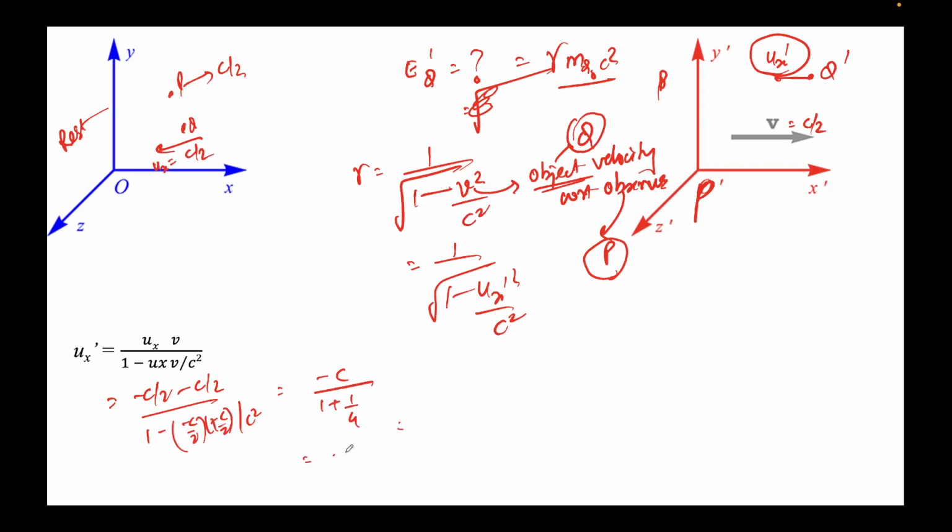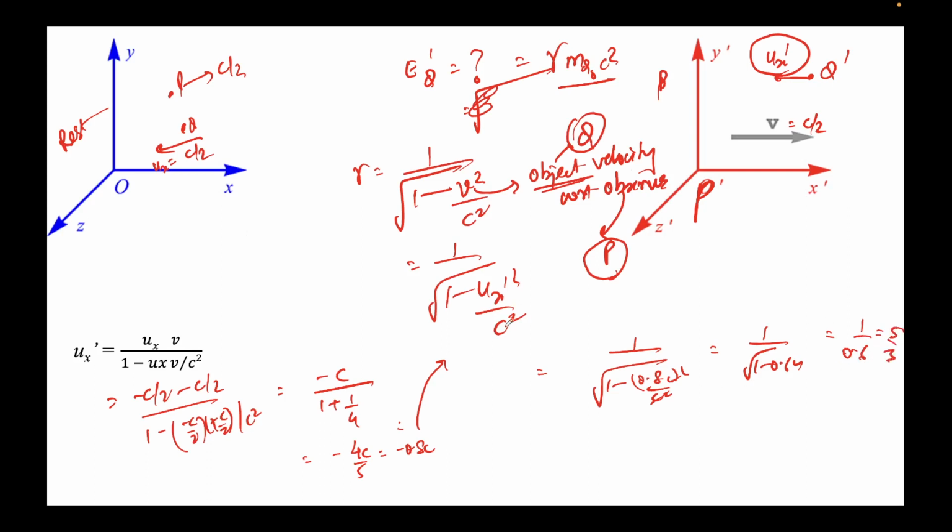So this will come out to be minus 4c by 5, so minus 0.8c. I put this value here. This will come out to be minus 0.8c squared over c squared. C squared gets cancelled. 1 minus 0.64, which will be 0.36, and this will come out to be 0.6. So gamma is coming out to be 5 by 3.